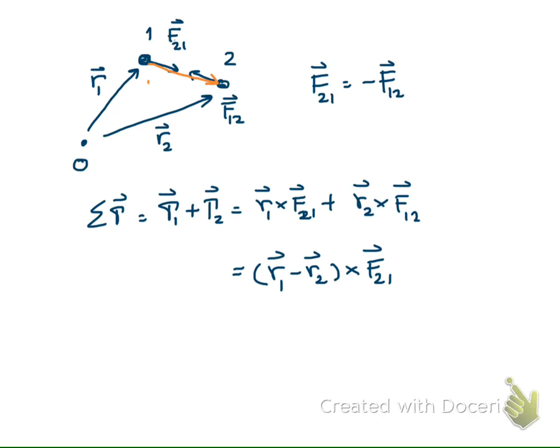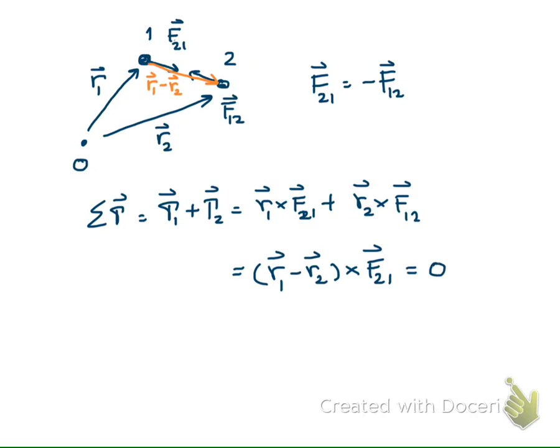This is R1 minus R2, and R1 minus R2 points in the same direction as F21, right? So it means that R1 minus R2 is parallel to F21. So we have the cross product of two vectors that are parallel. The result is, of course, equal to 0.